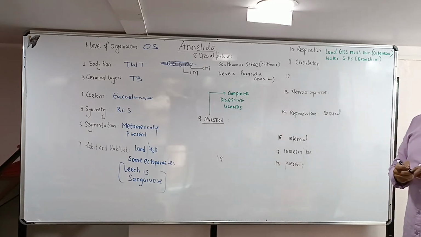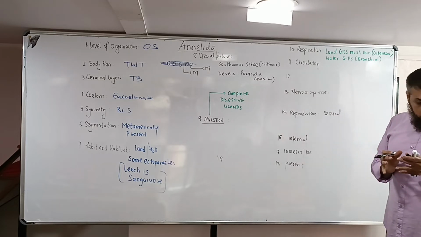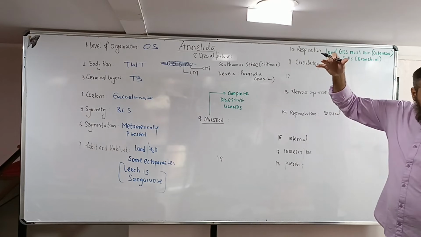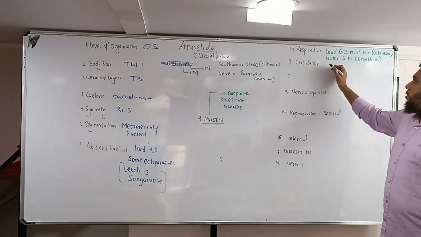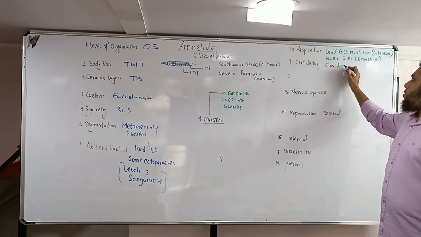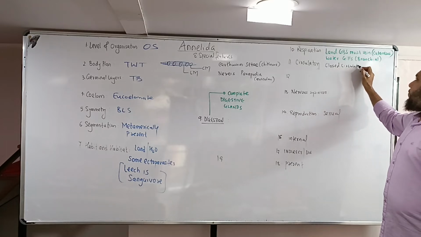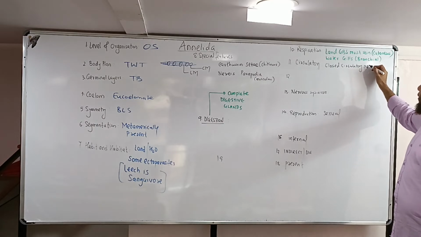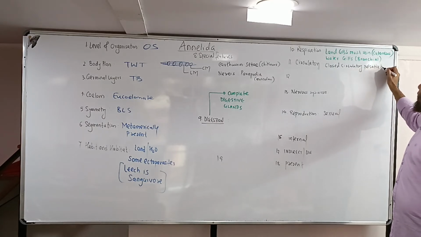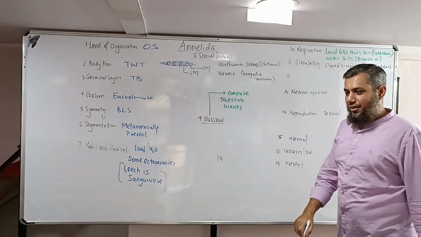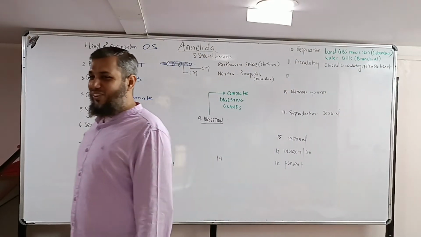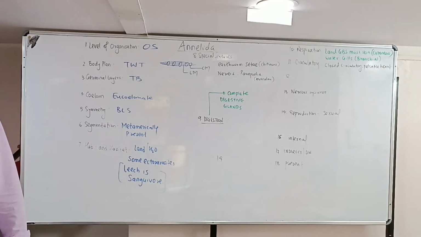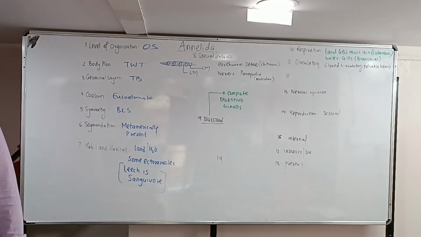Circulation, beautiful. Despite being such a small phylum, so low down, they show the presence of a closed circulatory system and a pulsatile heart, a heart which can beat for itself. So for the first time you get a pulsatile heart.